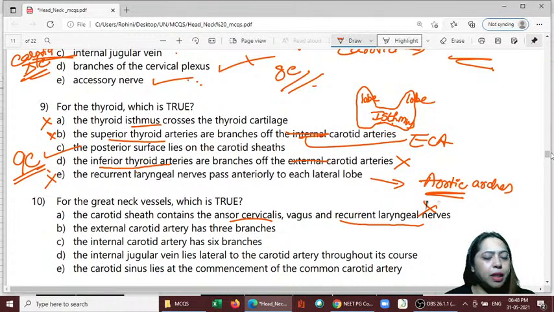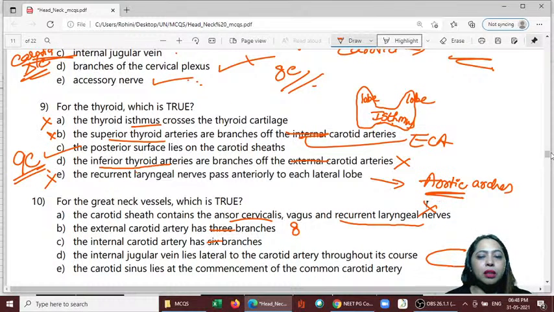The external carotid artery has 3 branches. No, it has 8 branches. Next, internal carotid artery has 6 branches. That is wrong. Internal jugular vein lies lateral to the carotid artery.